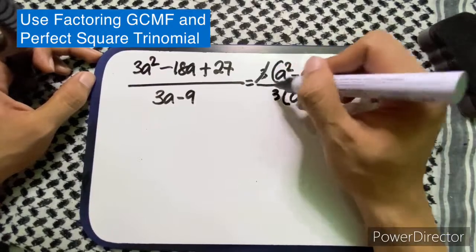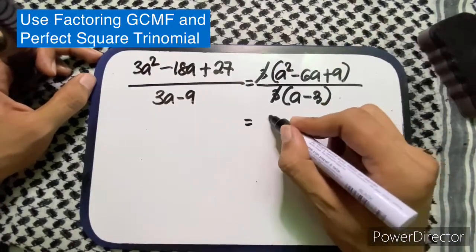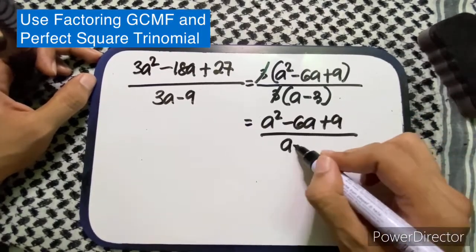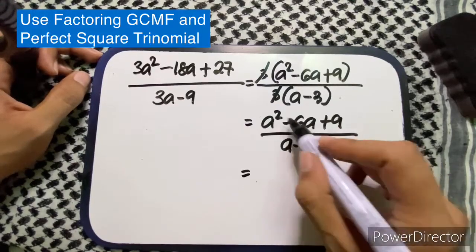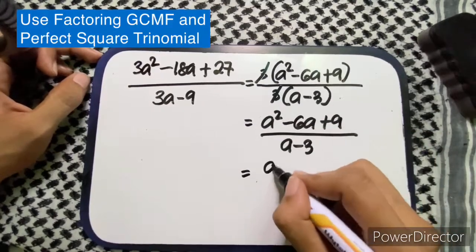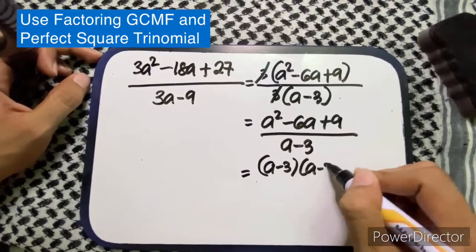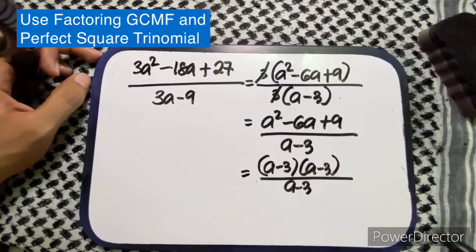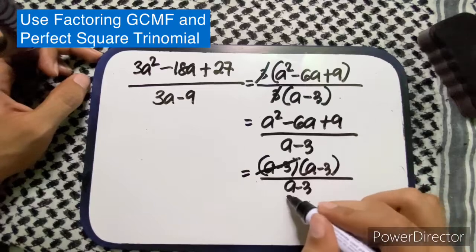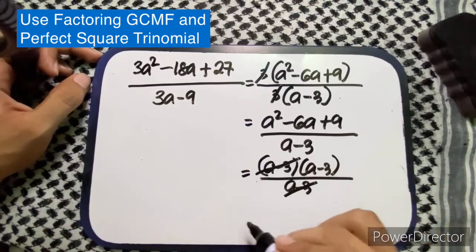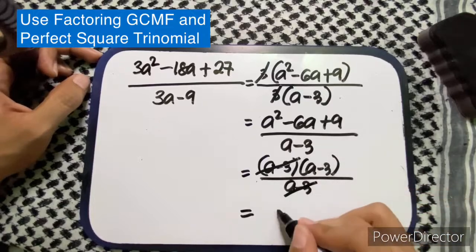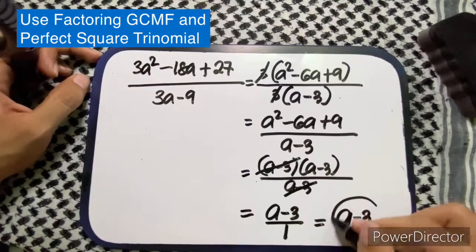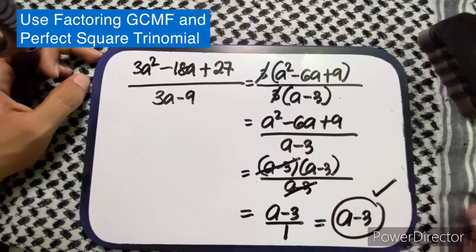So we can cancel 3, the common factor. This will become a squared minus 6a plus 9 over a minus 3, and the numerator is a perfect square trinomial. So this will become a minus 3, a minus 3, all over a minus 3. We cancel one of the a minus 3 factors. So the answer is a minus 3 over 1, or you can say a minus 3, the simplified form.